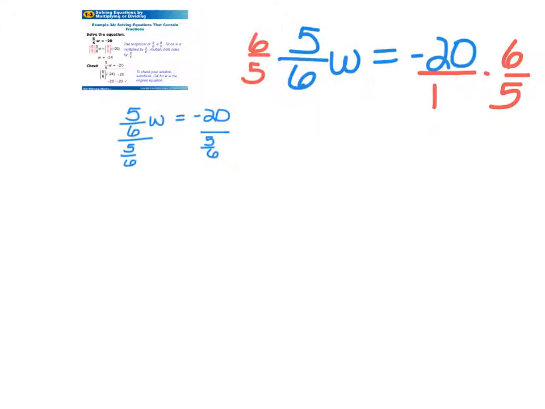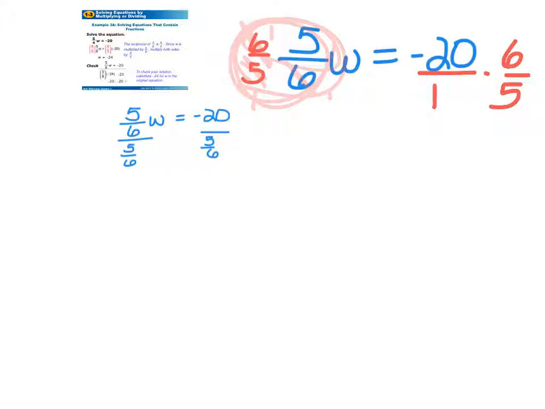Now, at the beginning, what did we find when we multiplied a fraction by its reciprocal? What was the answer? What's the answer to this multiplication right here? 1. Good. Anytime you multiply a fraction by its reciprocal, these things tend to cancel out. This becomes a 1.